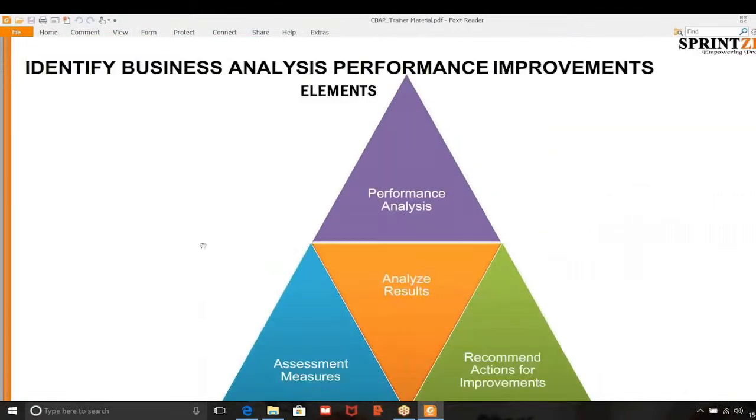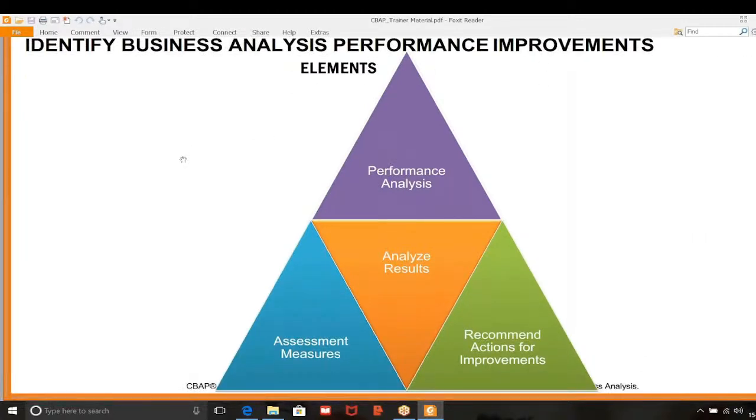Okay. What do we do? There are certain elements to identify business analysis performance improvements. So what we need to do to identify BA performance improvements. First of all, we should be able to do performance analysis. You might have already planned it in your BA approach: when I am going to track the performance of business analysis, how am I going to analyze it?